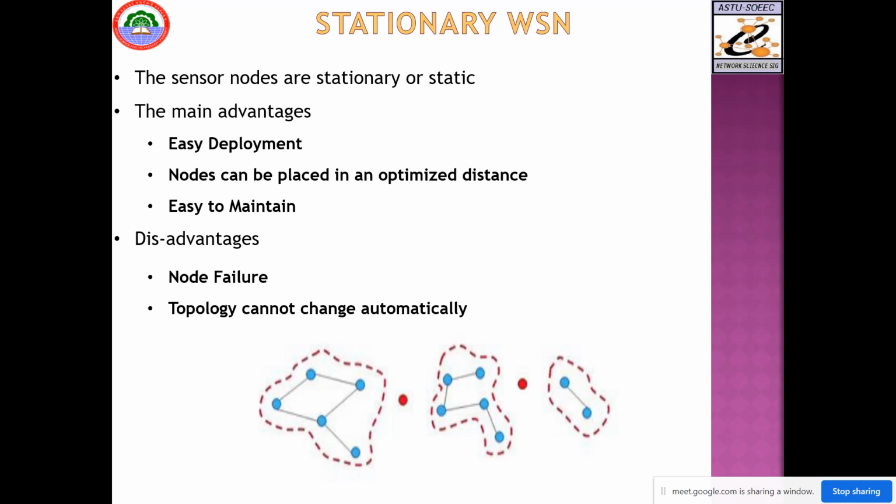If the distance becomes more, they cannot communicate with each other. In that case, the network is going to be divided. As we can see from this slide, there are some sensor nodes.